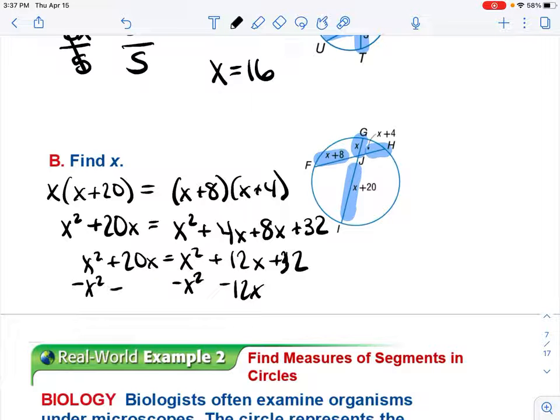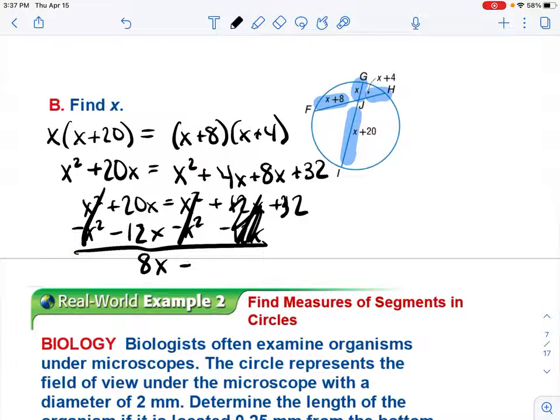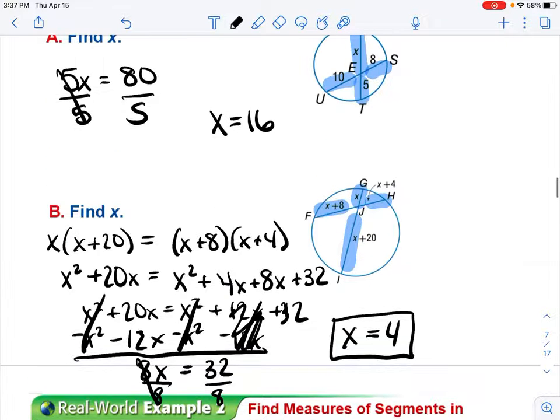And once again, we get lucky. We have some things that cancel out. We get 8x is equal to 32. So x is equal to 4. All right?